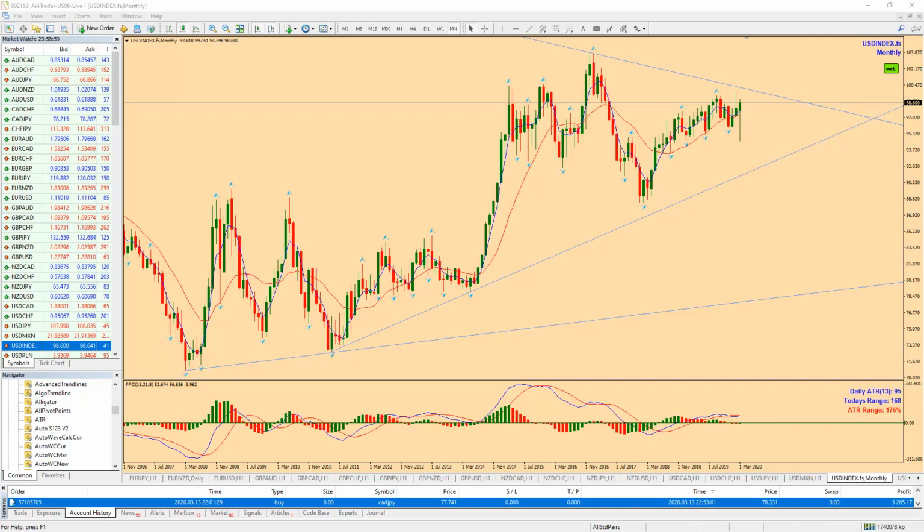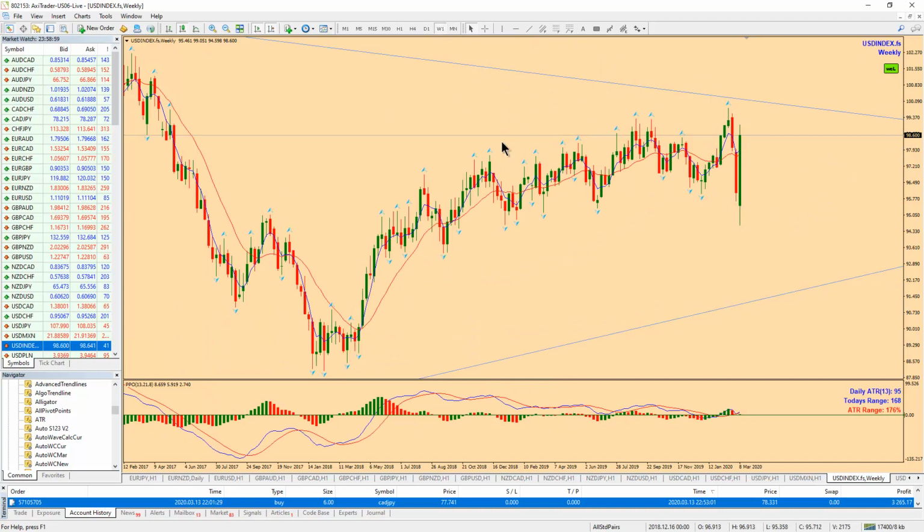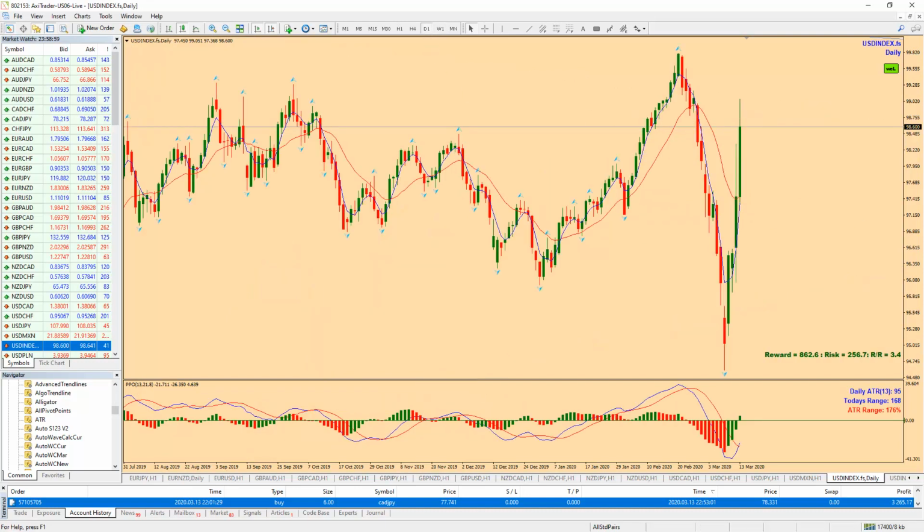Okay, so dropping down to the weekly time frame, we see the current movement, big drop down to support area, and then this big push to the upside. Okay, so on the daily, now we really see the pattern. Big drop, big push back up.